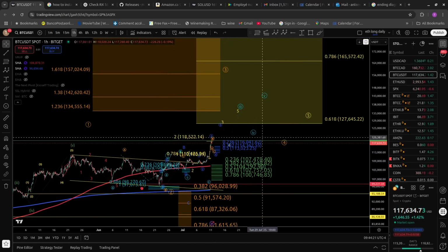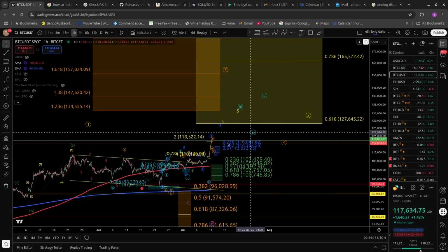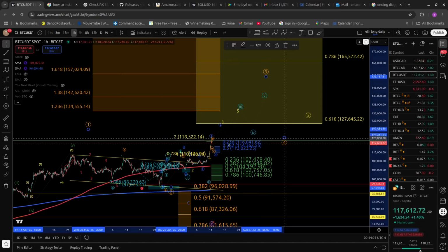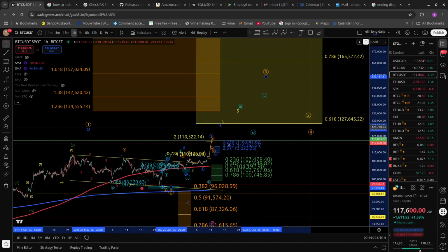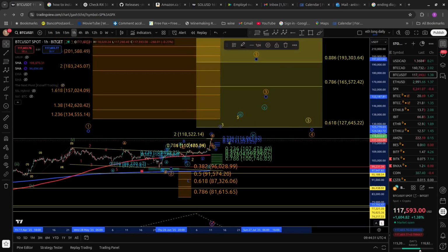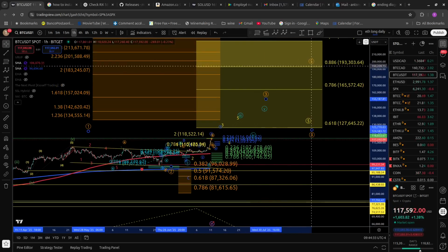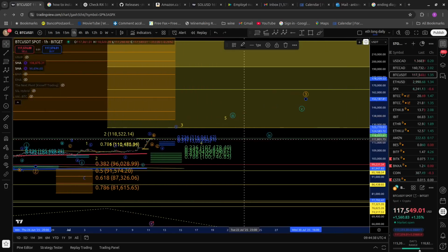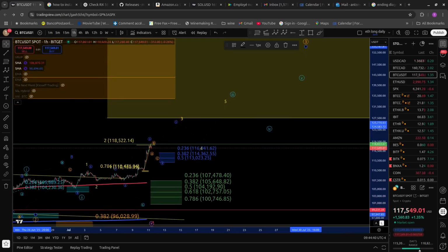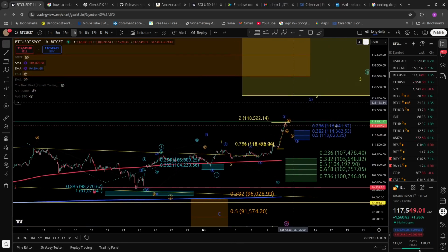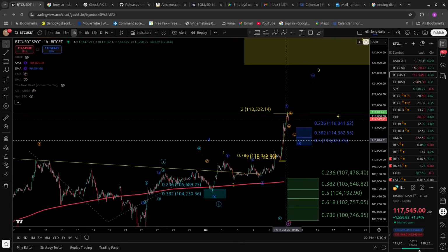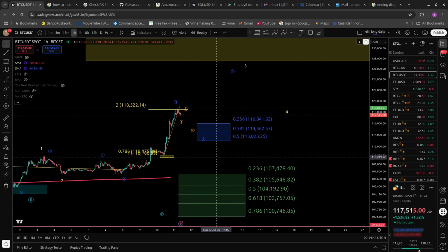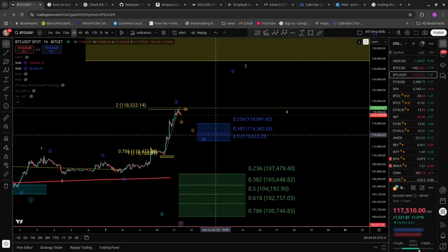And did I even yellow this one? And then we have this third wave, and I can have also the 4th and the 5th in the orange one. So yeah, it's exciting moments, but now we need to be prepared for a pullback, and this could potentially be a nice wave.